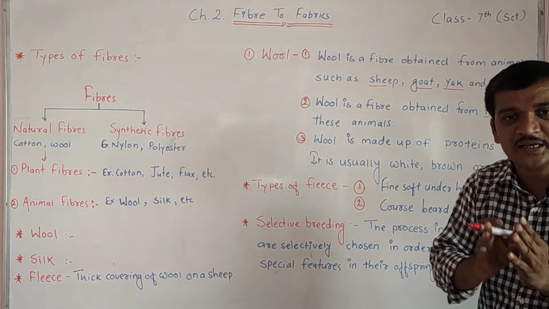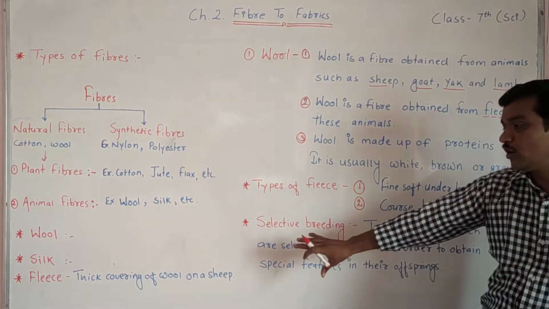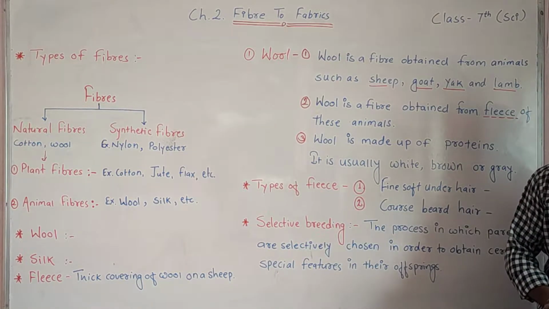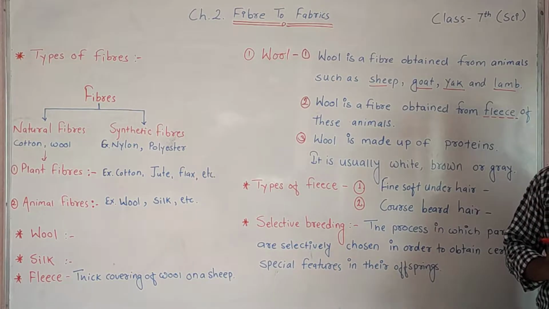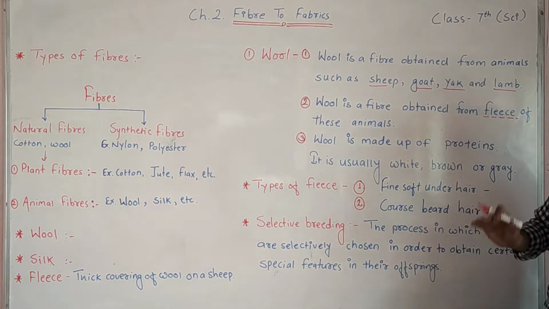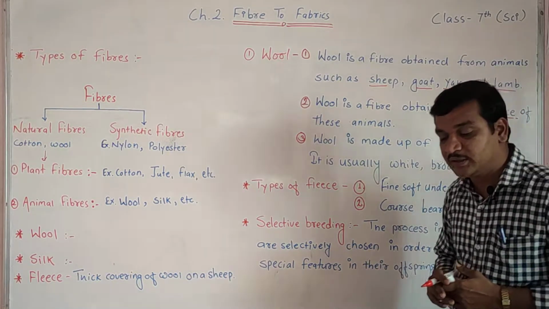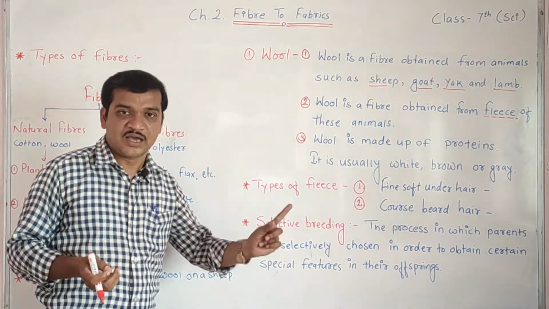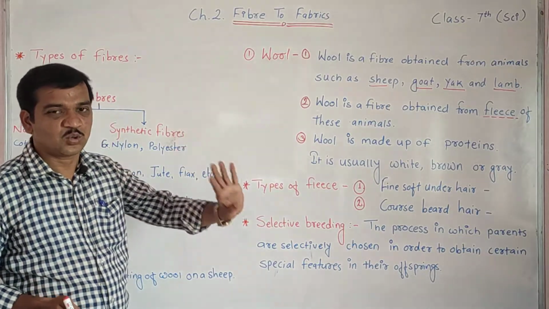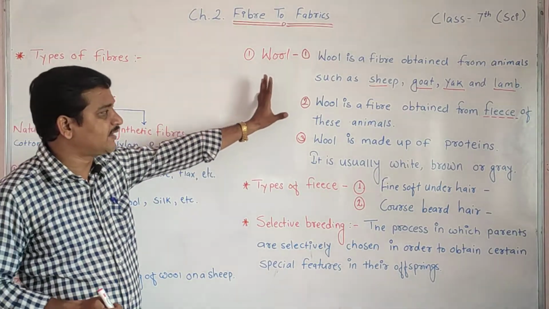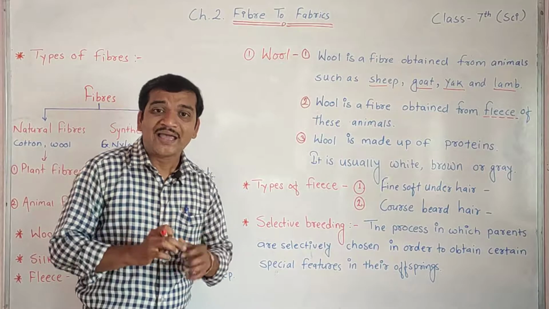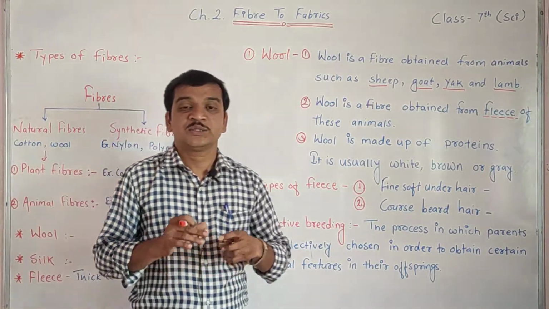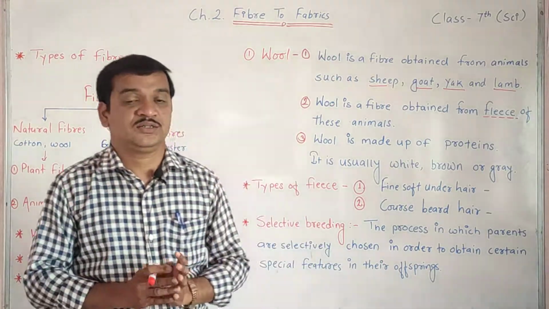So thick hair or covering of wool on a sheep's body is called the fleece. So wool is a fiber obtained from the fleece of animals, meaning yak, sheep, goat and lamb. Now why do these animals have thick hair?